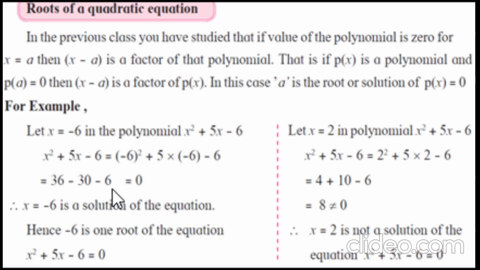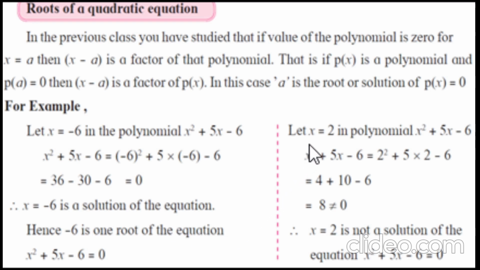Minus 30 minus 6 is equal to minus 36. 36 minus 36 is 0. So here the value is 0. The value of the equation is 0 by putting minus 6 in place of x. Therefore x is equal to minus 6 is a solution of this equation. Hence it is the root of this equation.